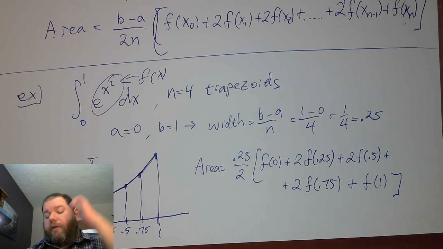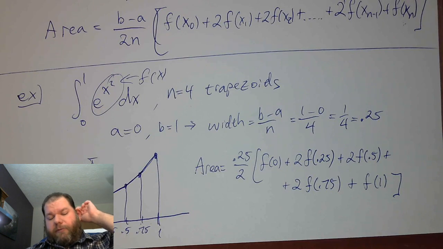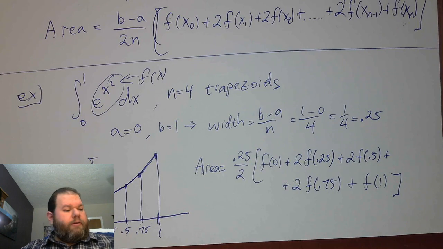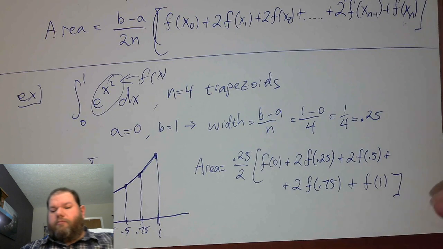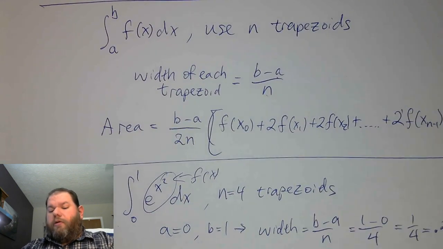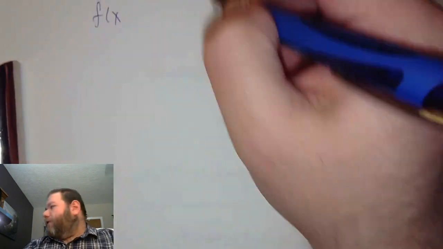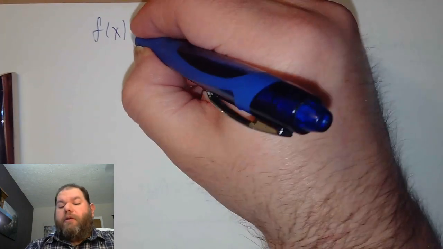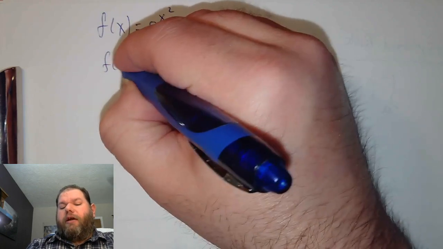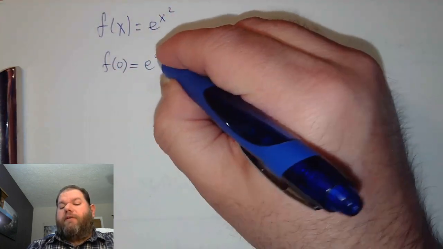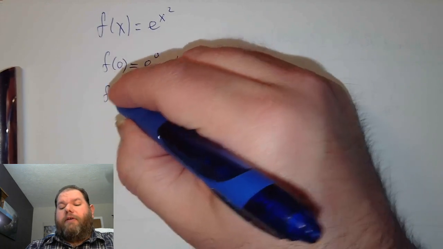So let's just go to 4 decimal places there. So we know f of x is equal to e to the x squared, and so f of 0 is e to the 0, which is 1. Easy enough.